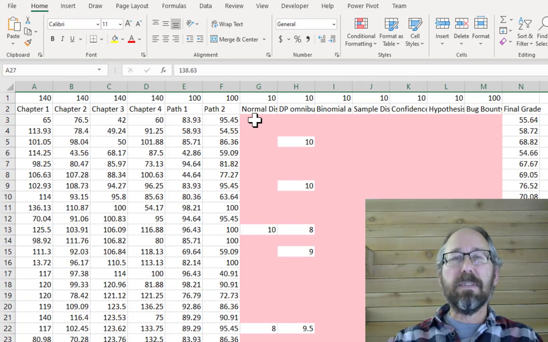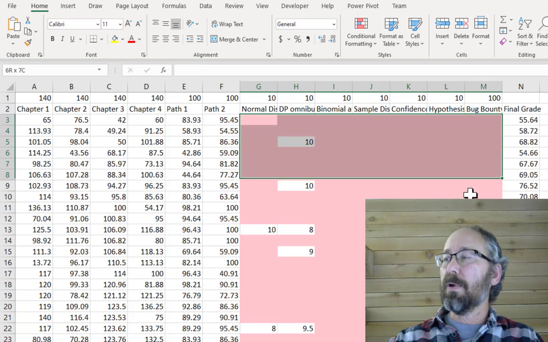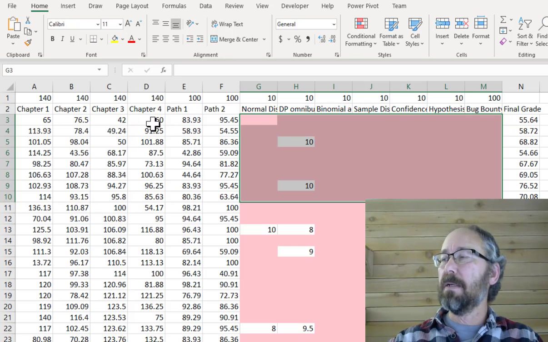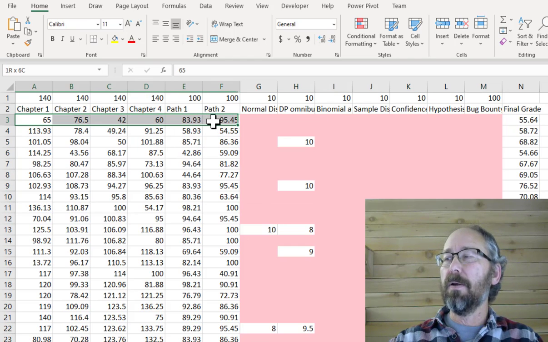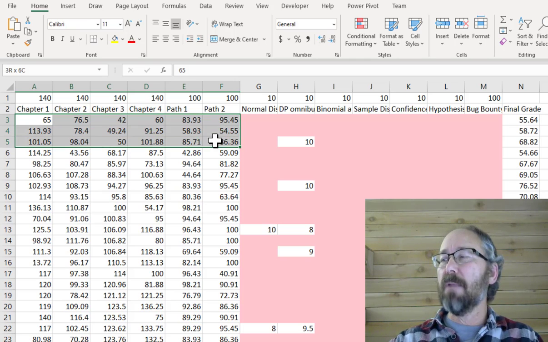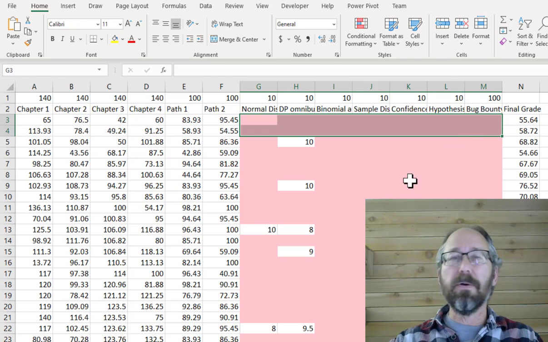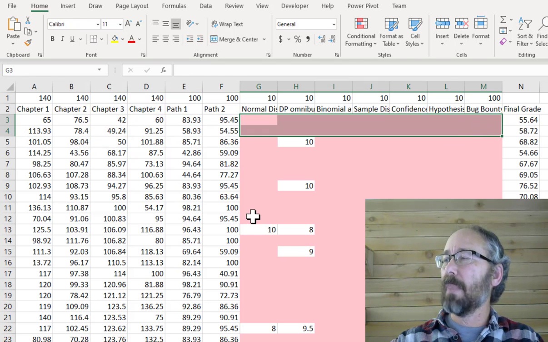Now notice that I haven't deleted those rows where the student didn't do the extra credit. I'm only interested in rows where the student completed all of the required assignments, and whether they did the extra credit or not is not important for this analysis.